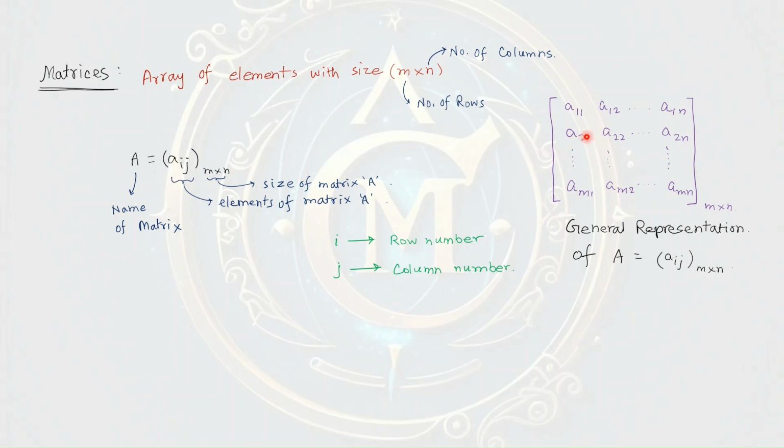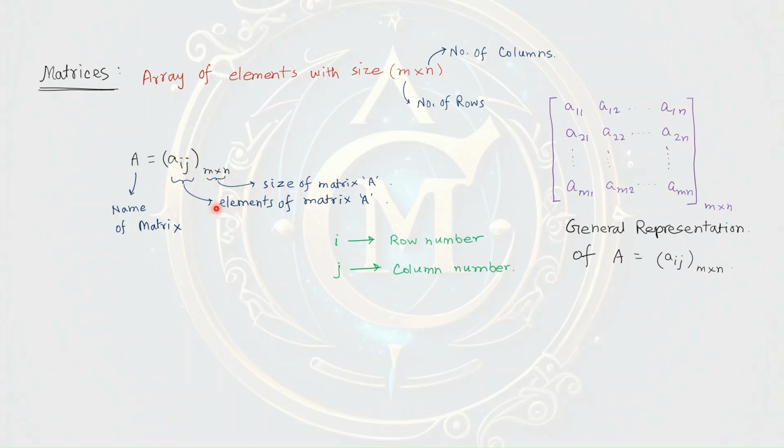We denote a matrix by a capital letter, like A, and define it in terms of its elements Aij, and the size of the matrix is written in the below right corner of the bracket, which is m by n.